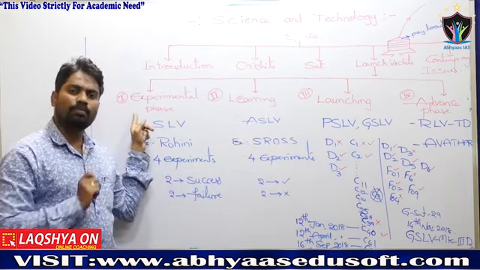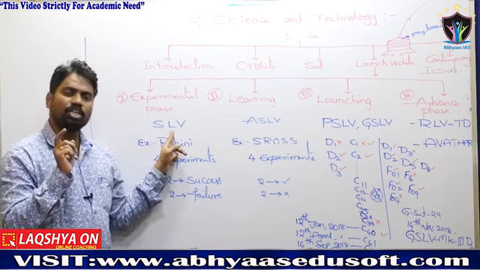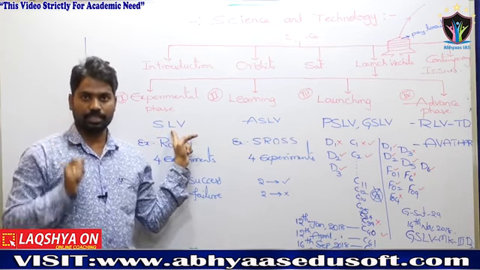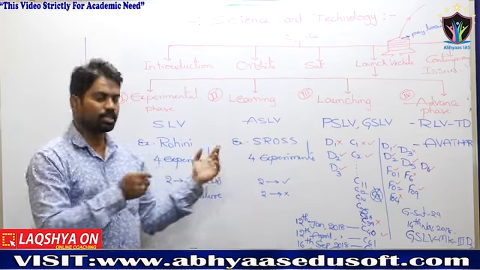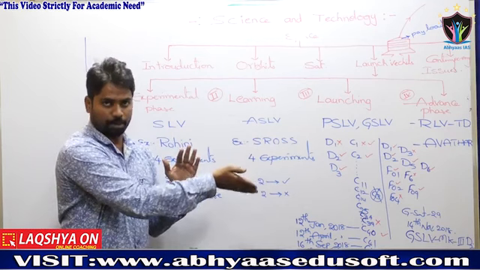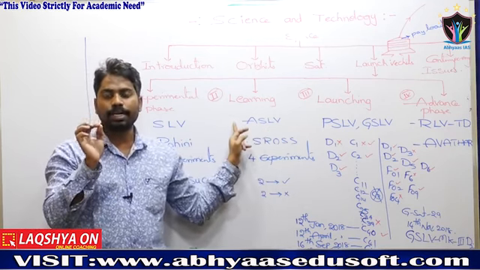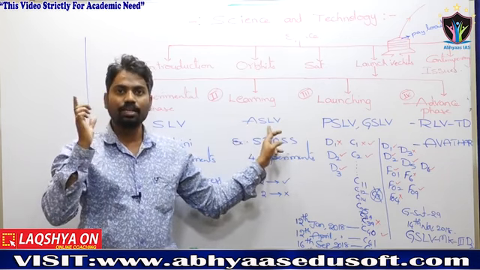In the experimental phase, SLV stands for Satellite Launching Vehicle. In the learning phase, ASLV, a somewhat developed SLV, is the Augmented Satellite Launching Vehicle.